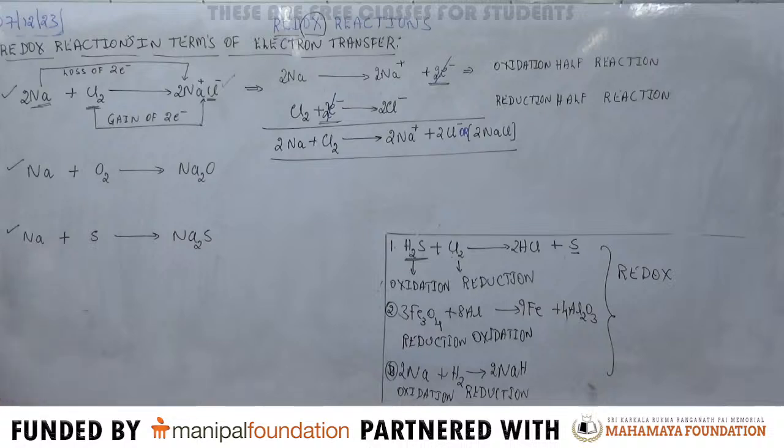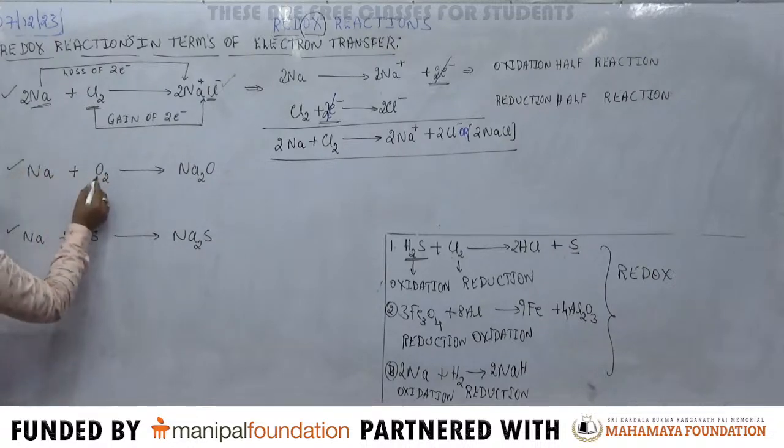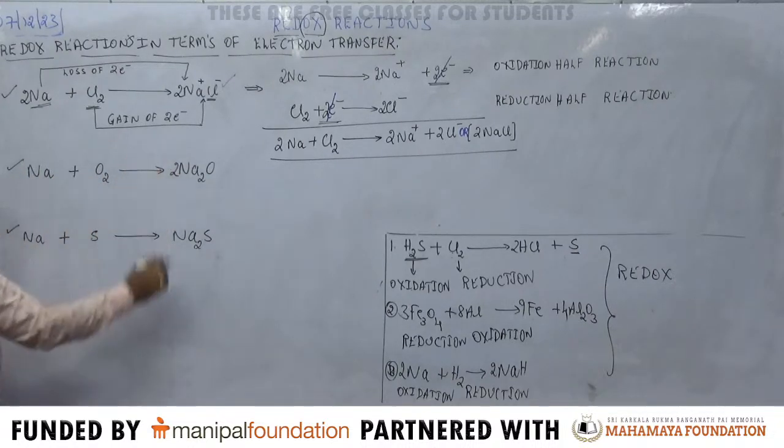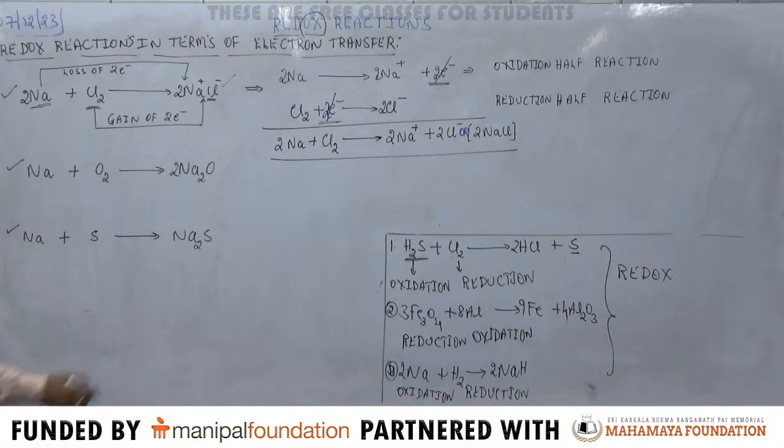Over? Yes. Next one is a balanced. 2 sodium, okay, oxygen 2, let me write 2 Na2O, sodium 2 into 2 is 4, so 4 sodium, correct? Oxygen balanced.